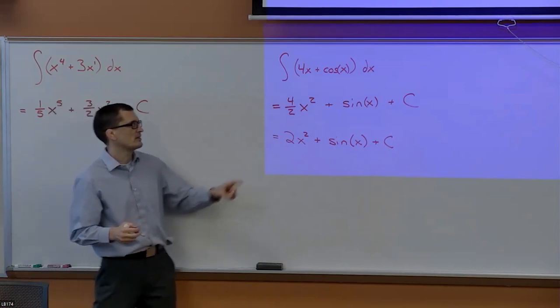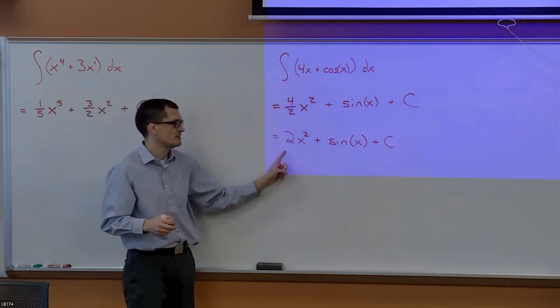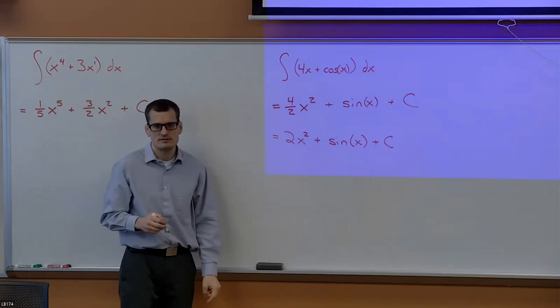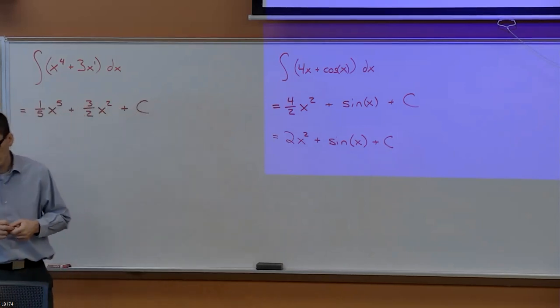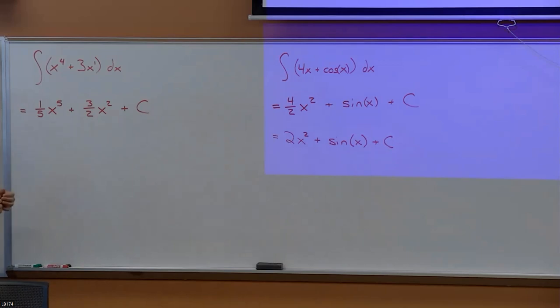And a lot of times I'll just do that in my head. I'll just say 4/2, make it a 2. Right? So it's not necessary all the time in Moodle to reduce fractions, but I like to reduce fractions, and so I do that on the board. Does that make sense?